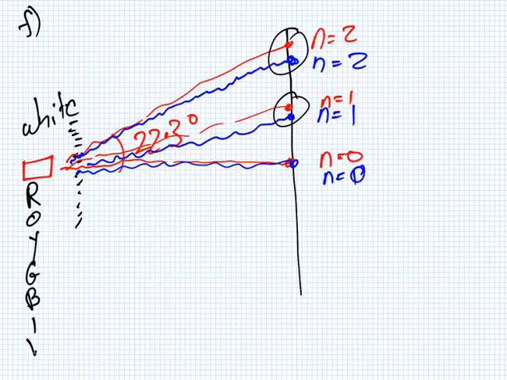So 2 times 506 times 10 to the minus 9 over 3.33 times 10 to the minus 6.